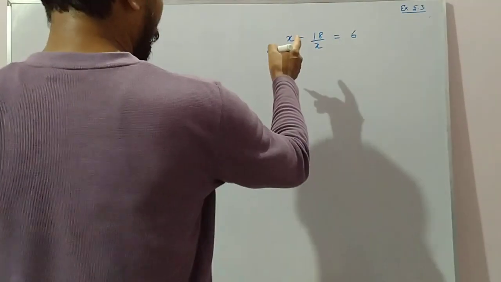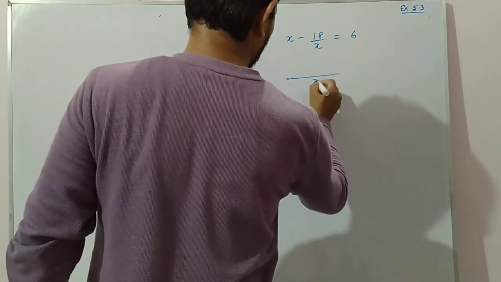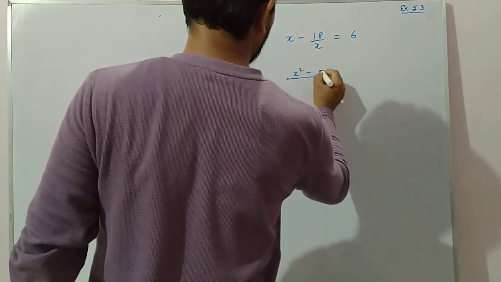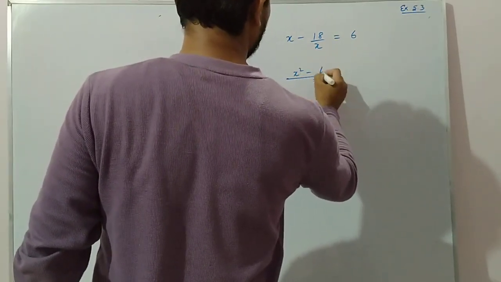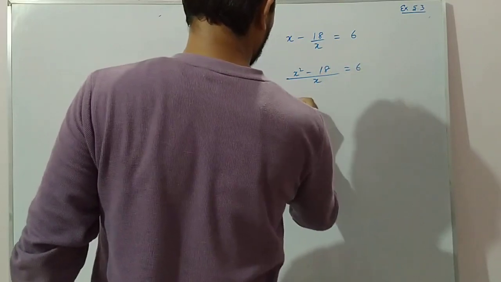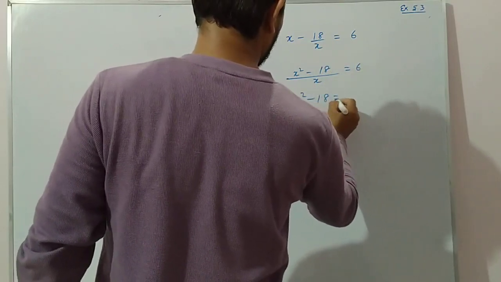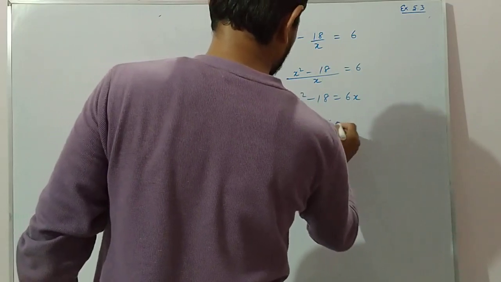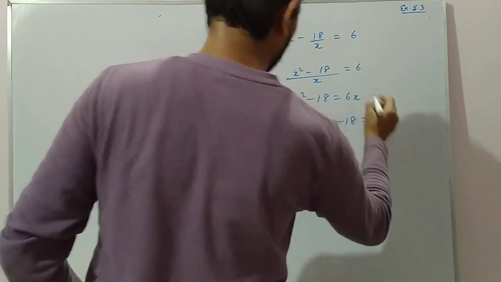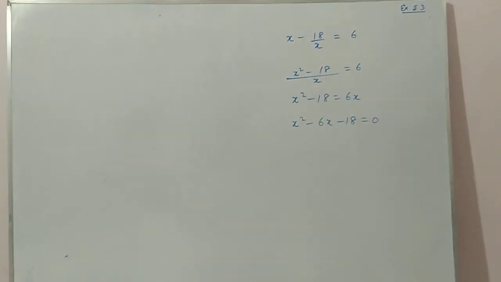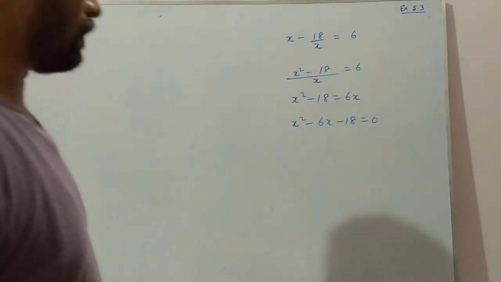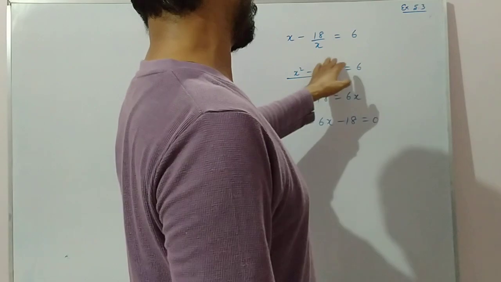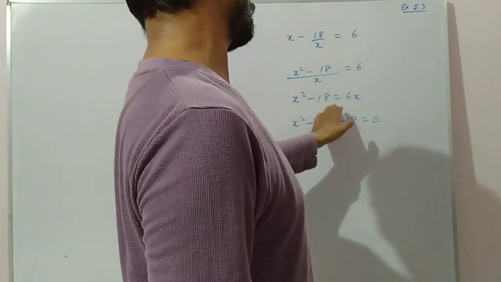So here, first of all, we will bring this into quadratic form. Taking the LCM, x square minus 18 equal to 6x.